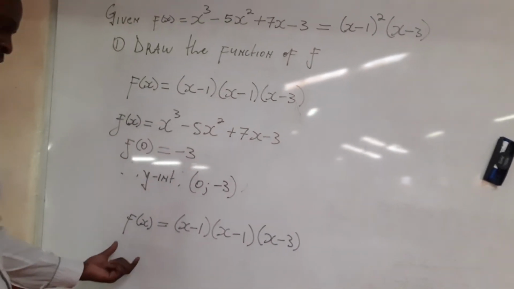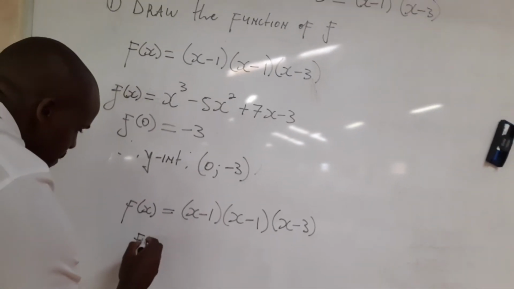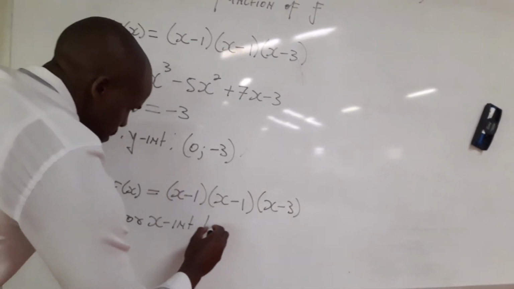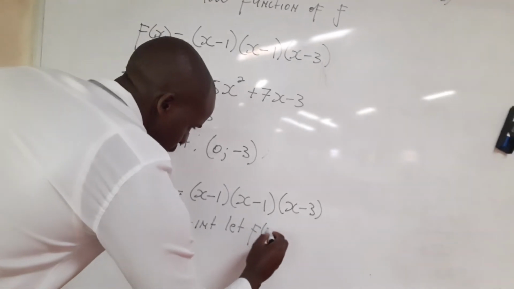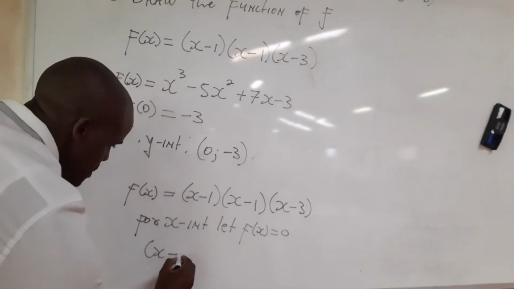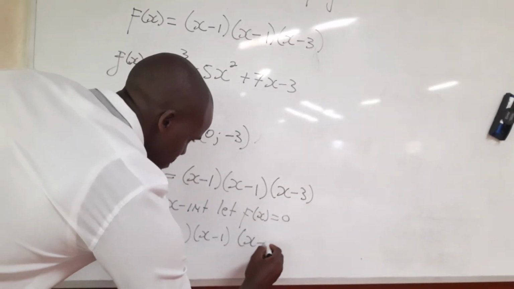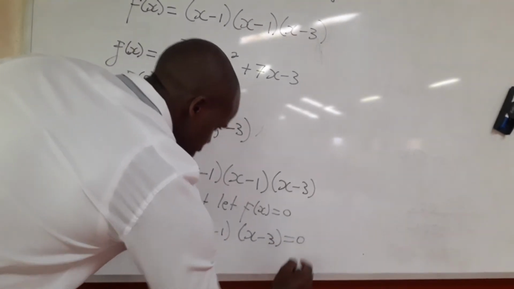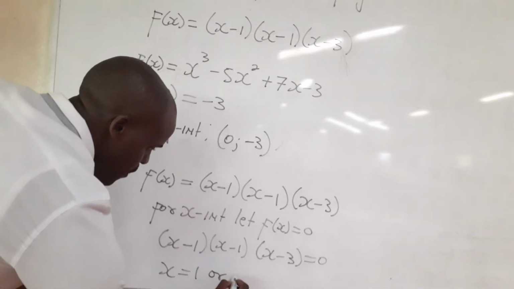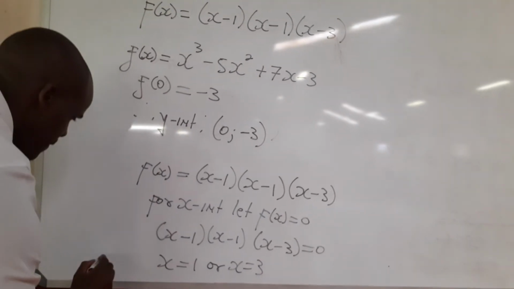For the x-intercept, we let y be 0. Therefore, x minus 1 into x minus 1 into x minus 3 will be equal to 0. The roots are x equals 1 or x equals 3. We've got two equal roots.